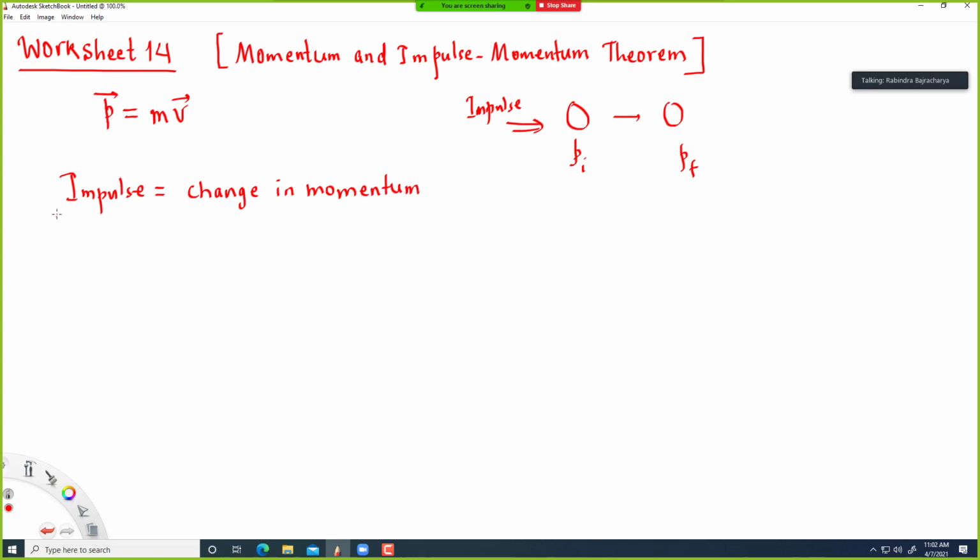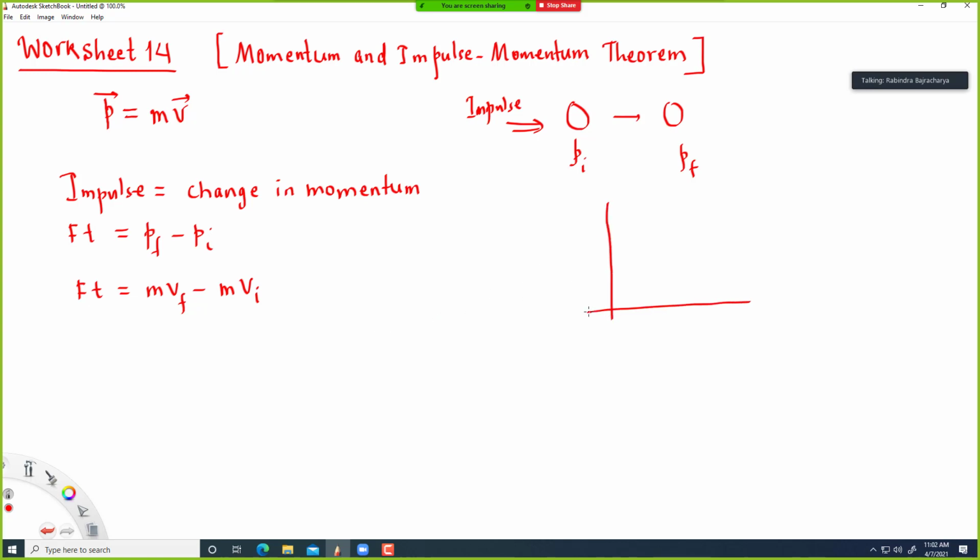In symbolic form, impulse is force times time. Change in momentum is final momentum minus initial momentum. You can also write this as Ft equals mv final minus mv initial.